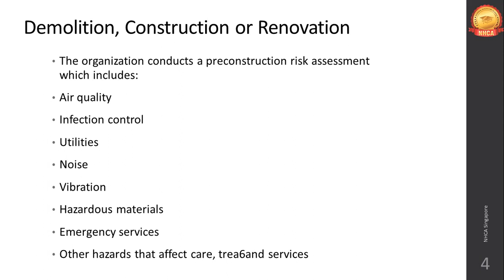Other hazards that affect aftercare treatment and services, which may include any outbreak during the demolition or construction. So that becomes a hazard. So these are the risk assessments that have to be done before construction, demolition, or renovation takes place.